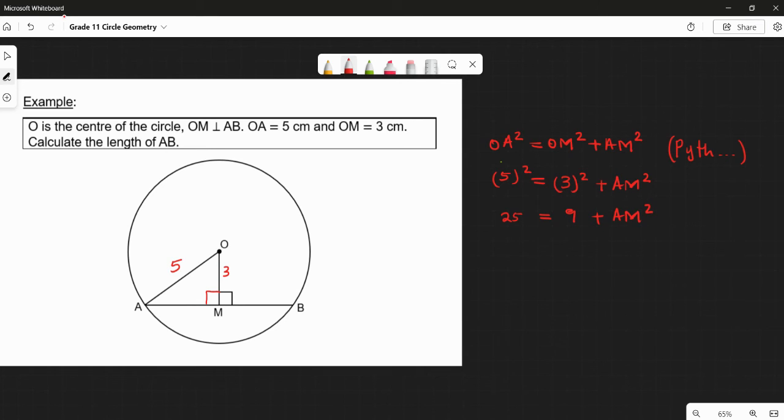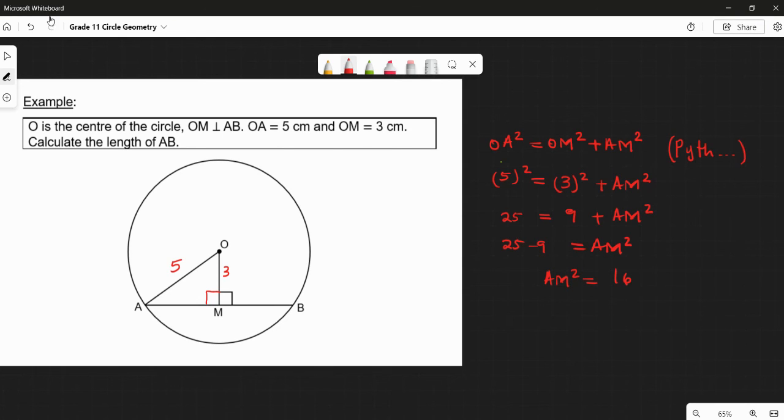So now we get 25 here. 5 squared is 25. Then 3 squared is 9, plus AM squared. Then take the 9 over the equal sign. That will give us 25 minus 9, that is 16. So AM squared is equal to 16.